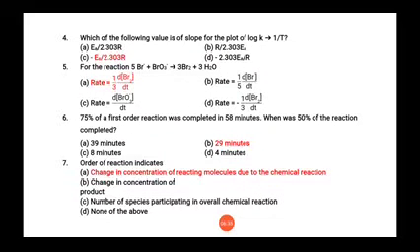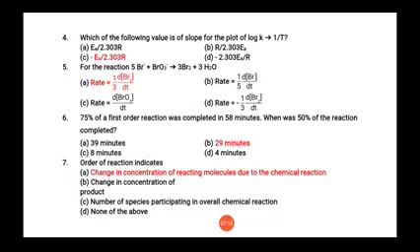Next, question number 4. Which of the following is the slope for the plot of log k versus 1 upon T? Our options are A, Ea upon 2.303 R; B, R upon 2.303 Ea; C, minus Ea upon 2.303 R; and D, minus 2.303 Ea upon R. So students, for this you must know the Arrhenius equation, because if you know it, you can find the answer.